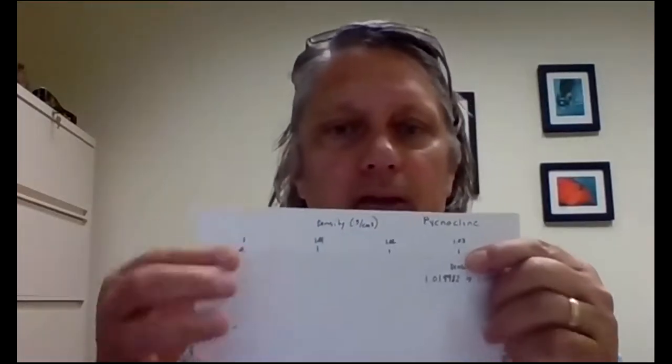Now, the tricky one was the density. We're not used to working with numbers that range from 1.019982, that's a lot of numbers after the decimal, to 1.029757. So I started with 1, and then I had to get to 1.03 evenly spaced so you can graph the data.